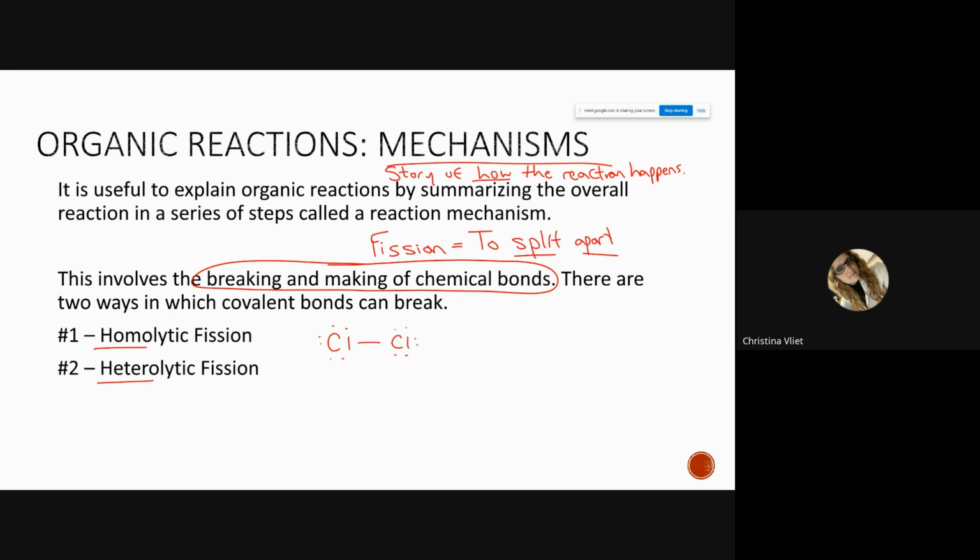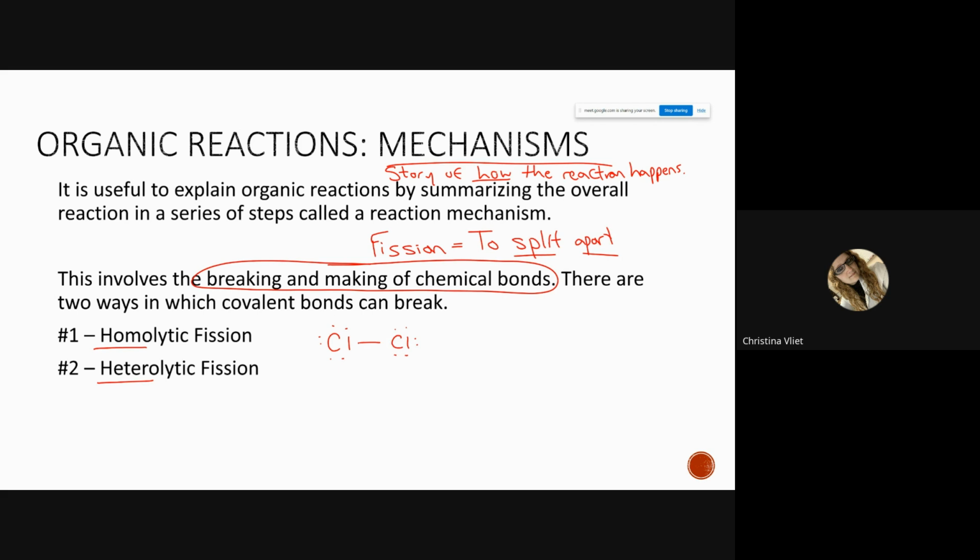And so what happens in a homolytic fission is when this covalent bond breaks between these two chlorines, would you agree that neither chlorine is more powerful than the other? They have the same power, right? So would both of the electrons go to one of the chlorines when that bond breaks, or would one go to each? One goes to each.